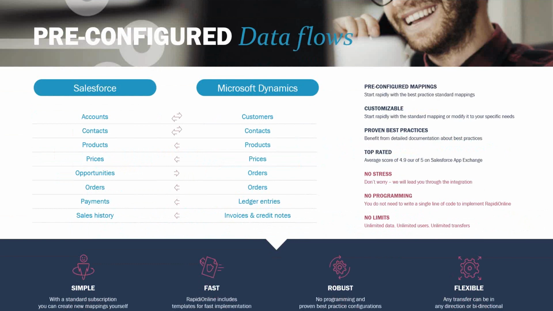Now, as a best practice, from the ERP side, we take the items that are entered in ERP and we push them over to Salesforce. We take item prices that are entered in ERP and we push them to Salesforce also. Now the prices are pre-configured standard templates. We take the unit price from the item table in Dynamics and we push that into the standard price book in Salesforce.